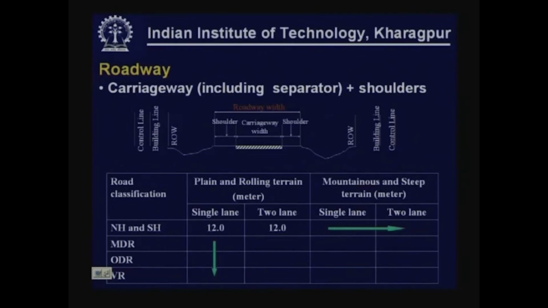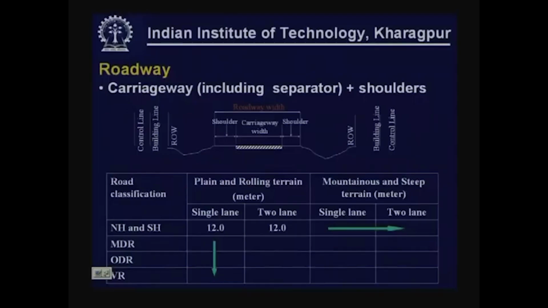This width of the roadway varies depending on the terrain condition. We are already familiar with the types of terrain. For difficult terrain, that value is lesser, and it also varies depending on the type of road, namely national highways, state highways, major district road, other district road and village road.